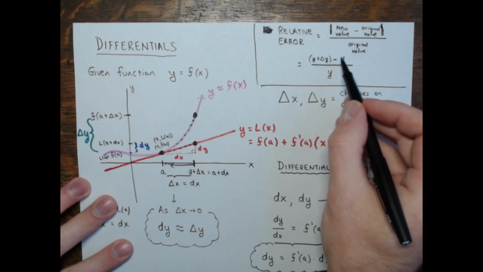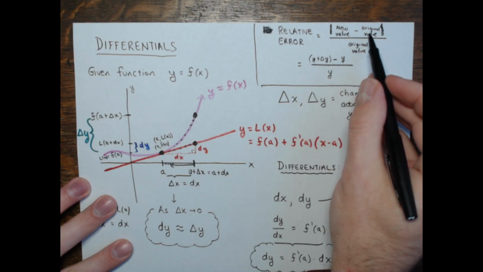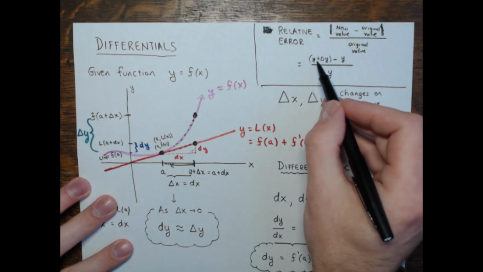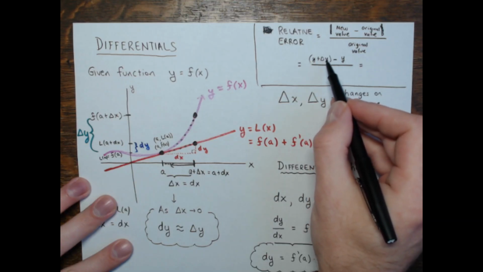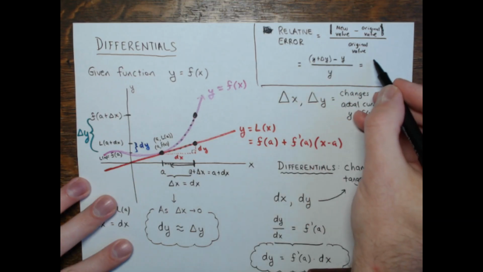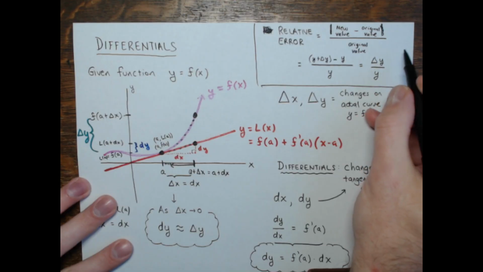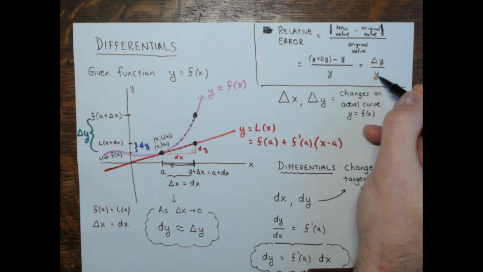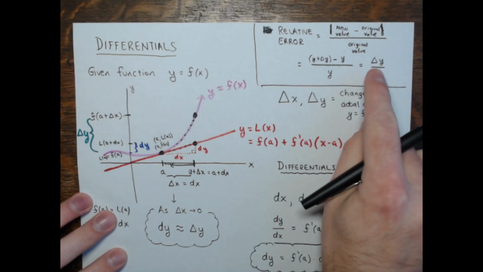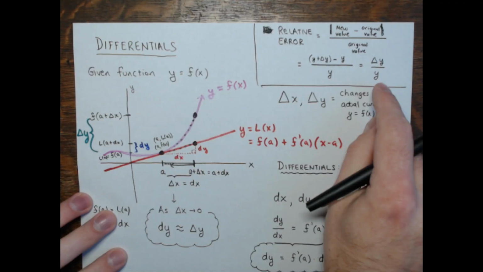And then up top here is basically just how much the value changes, right? You have the new value minus the original. Well, if you take y plus delta y and subtract y, that's just delta y. And then you calculate what portion of the original value was this change. I know I've done something like this when you talk about a percentage increase, percentage decrease.